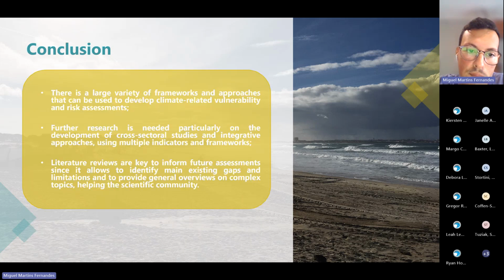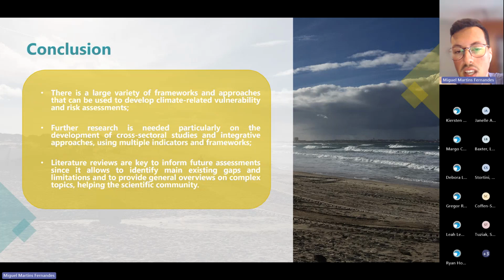Then we also highlight that further research is needed, particularly on the development of cross-sectoral studies, because here, talking about marine spatial planning, we will need this information across the different sectors and not only one or two sectors, because it's very important to know what the risk is in the different areas to climate change, and what the major threats to climate change are, to try to respond and to try to adapt.